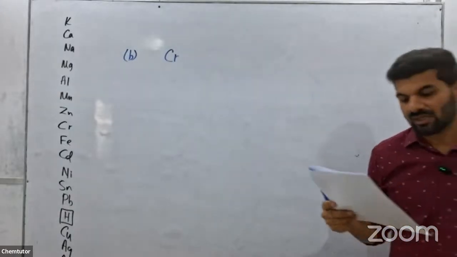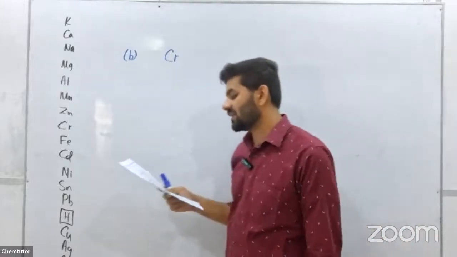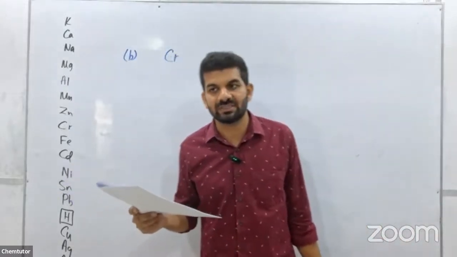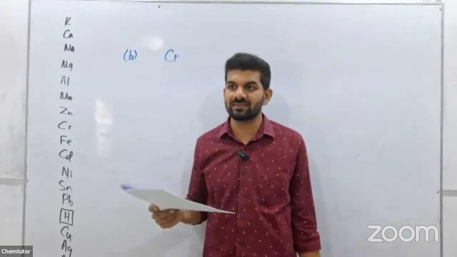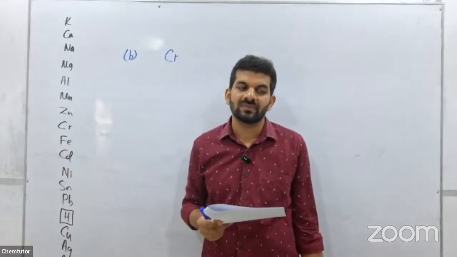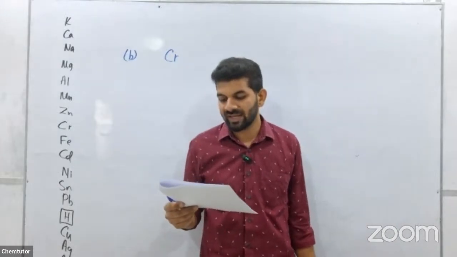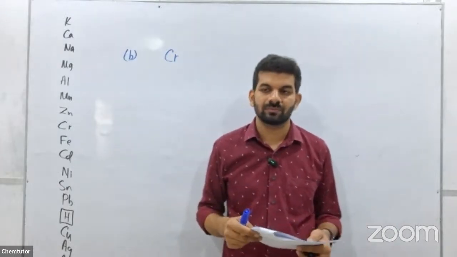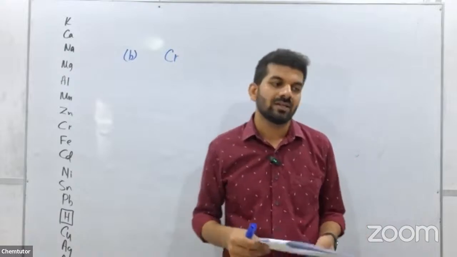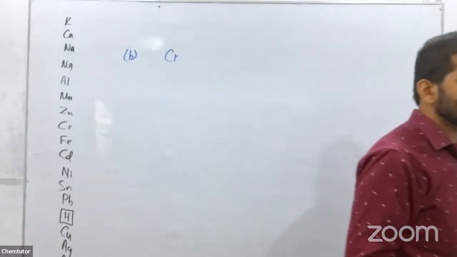Then the fourth one, above precipitate is filtered and the filtrate is sent through H2S. That is group 4 analysis, no? Reacting with H2S in the presence of ammonium hydroxide, a black precipitate is observed. So the black precipitate in group 4 analysis, there are two: nickel and cobalt. So it may be nickel or cobalt.